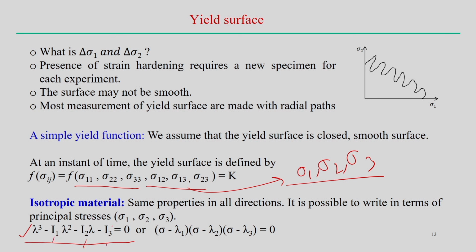If we put in the appropriate values, we reach the form sigma minus lambda 1, sigma minus lambda 2 and sigma minus lambda 3, such that lambda 1, lambda 2 and lambda 3 are the roots of this equation. Once we represent the yield functional form in terms of the principal stresses, it means we are assuming the isotropic material case.